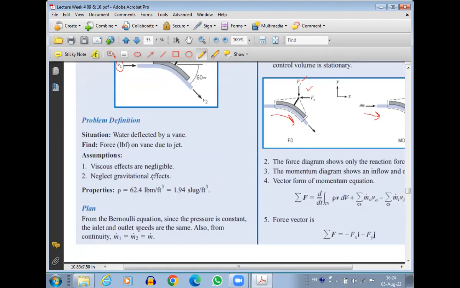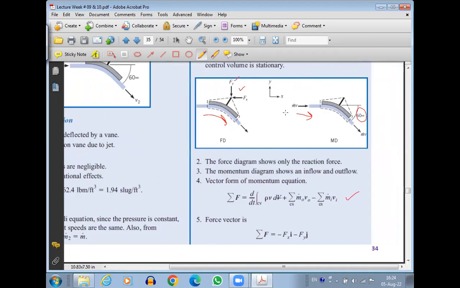Because in this problem, we have the momentum of the fluid coming into our control volume and the momentum of the fluid going out of it. Though the fluid coming in will only have an x component and no y component, the fluid going out is at an angle of 60 degrees from the horizontal, so it will have both x and y components.